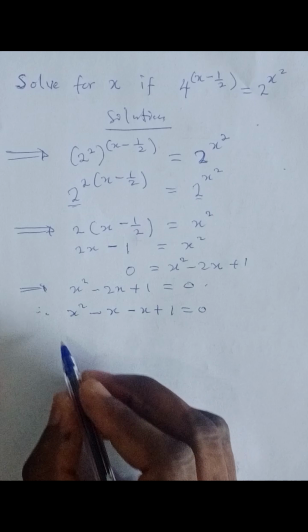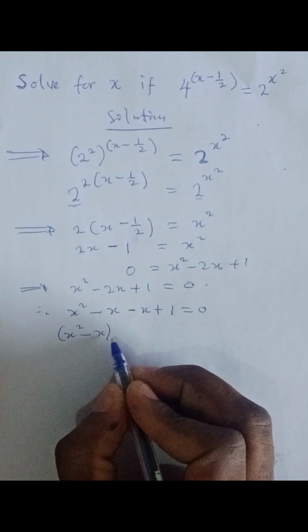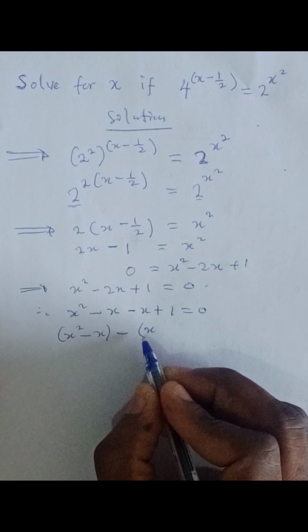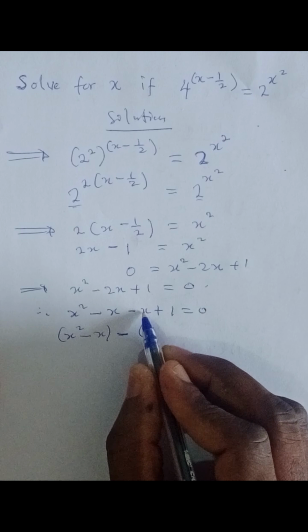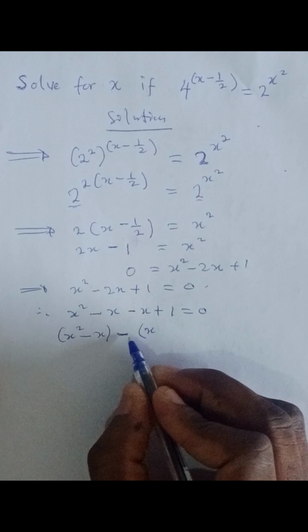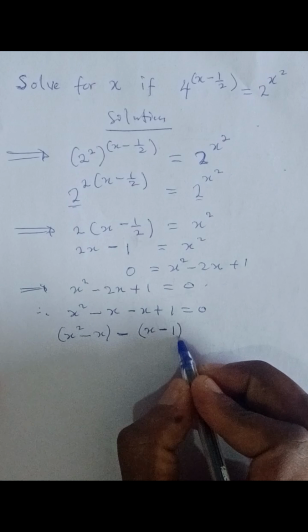Now, let's group them. We have (x squared minus x) minus (bring this x here so that x minus 1 multiplied by x will give us minus x here. So what will be here such that if we multiply it by minus 1, it gives us plus 1? That is minus 1, right?)